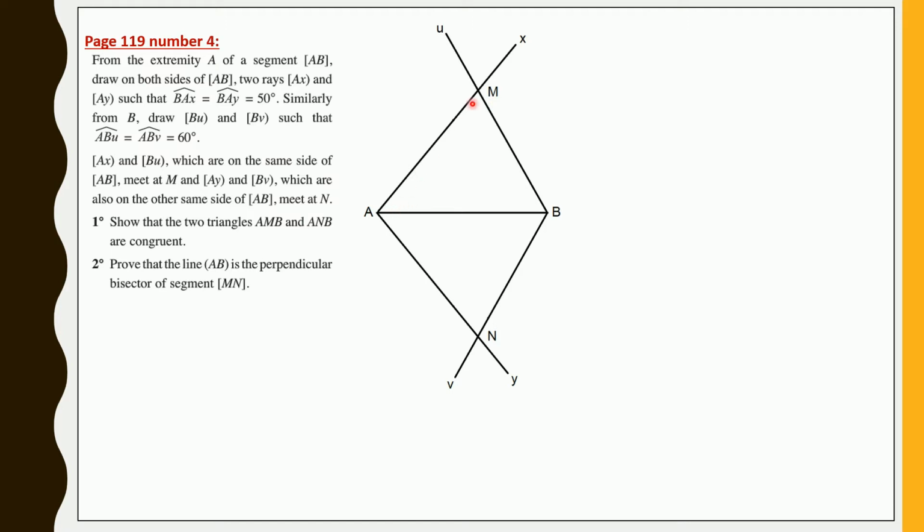Since AX is drawn above, I draw BU also above segment AB, and BV, which should be on the same side as semiline AY, I draw below, such that angle ABU measures 60 degrees and angle ABV measures 60 degrees also.